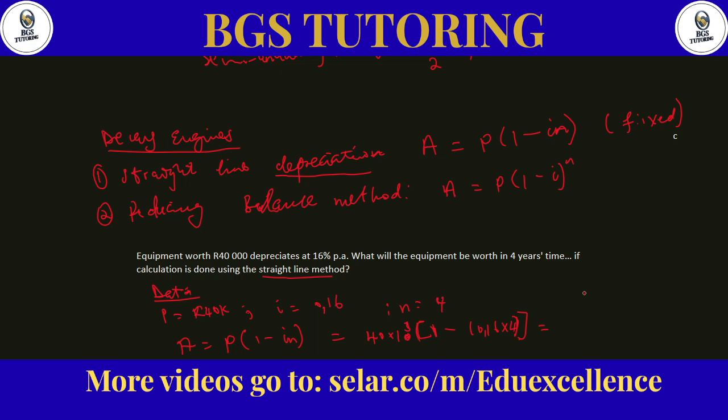It's 40k into (1 minus 0.16 times 4), that's 14,400 rand. So that's 14,400 rand if we're using the straight line method.